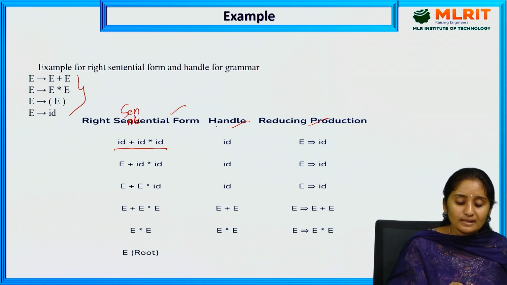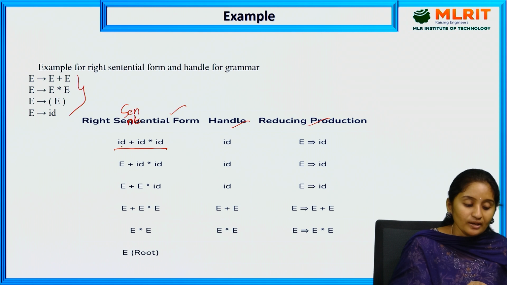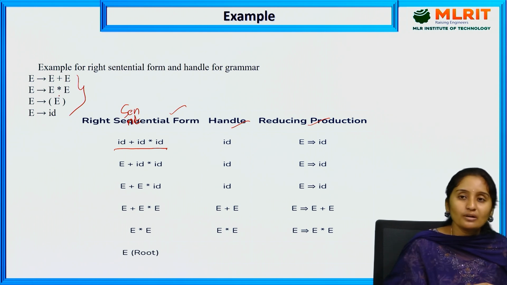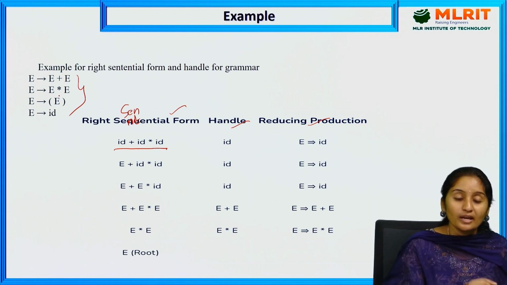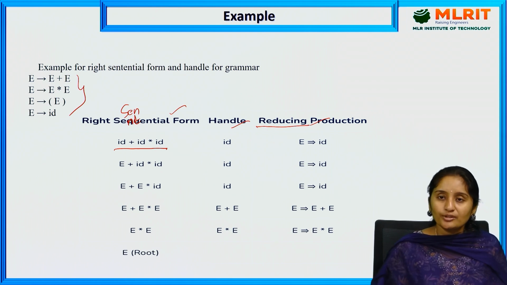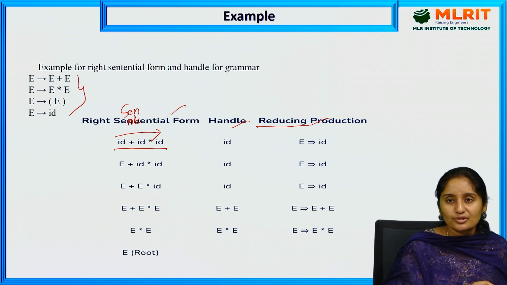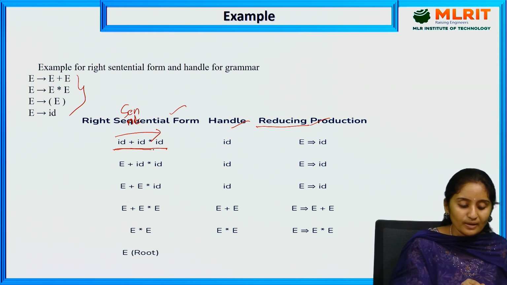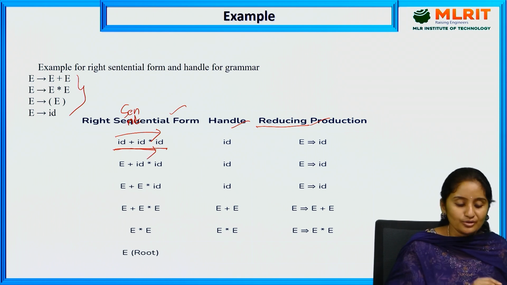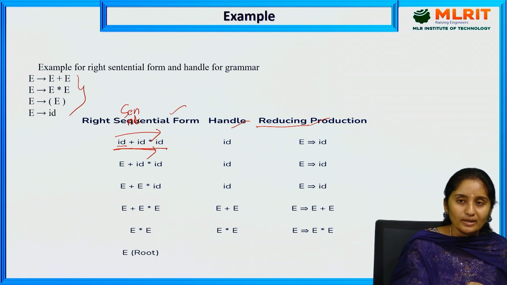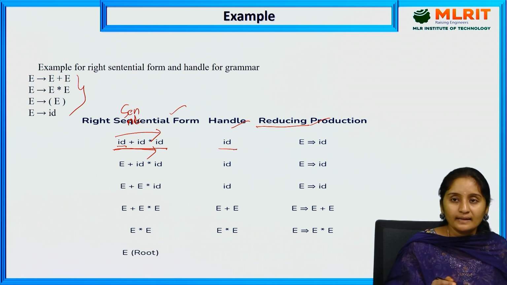Okay, so what is this handle? Handle is where we check whether the substring matches the production in the rightmost derivation. If it is matching, we are going to reduce that. We are going to start from the left. What is the first symbol I am having? ID. So what is the handle doing? Handle is handling the ID.